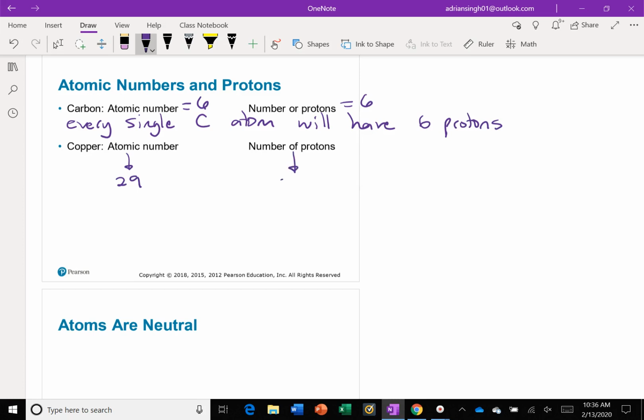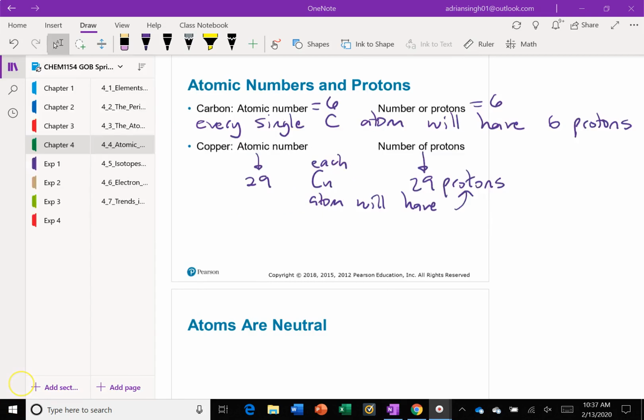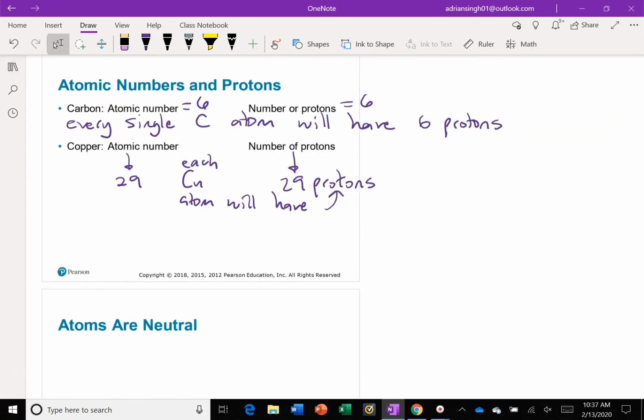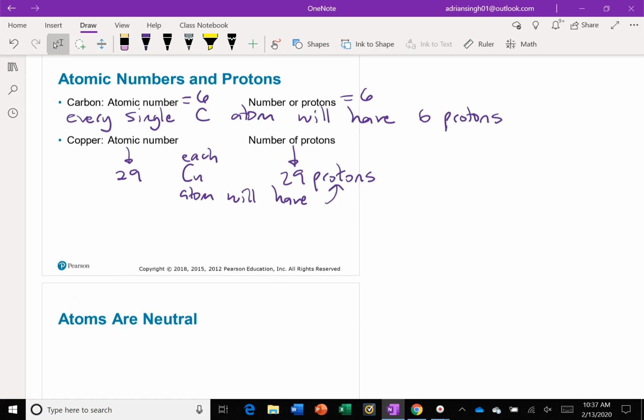So that means that there are 29 protons. So every single copper atom will have 29 protons, no exceptions. So we can determine the number of protons in an atom by simply looking up where it is on the periodic table and finding its atomic number. The atomic number is equal to the number of protons.